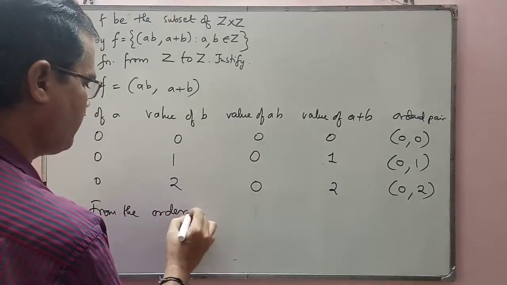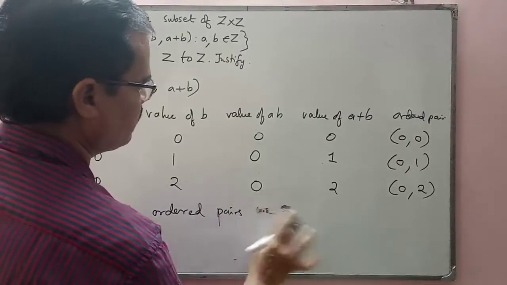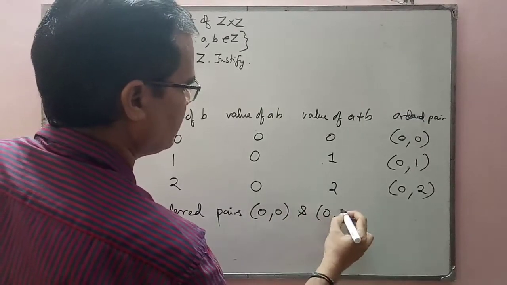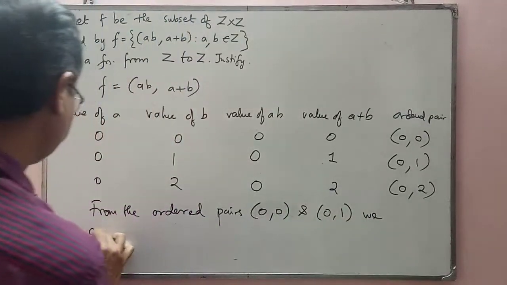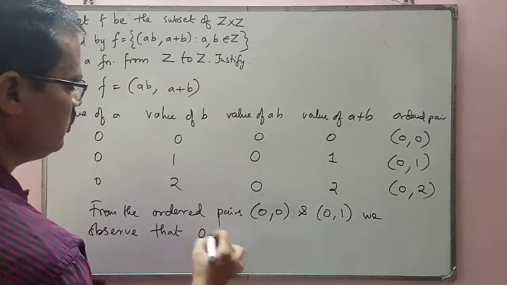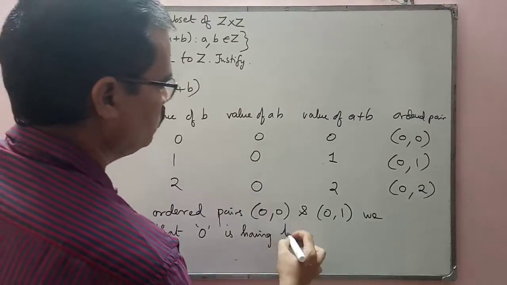From the ordered pairs, we observe that the element 0 has two images.